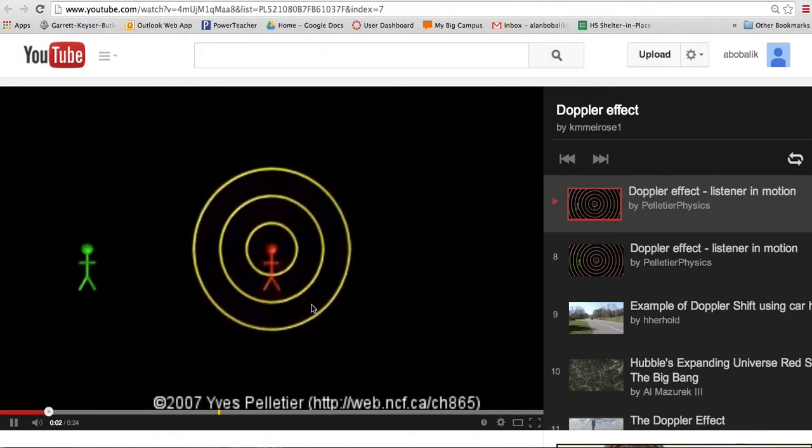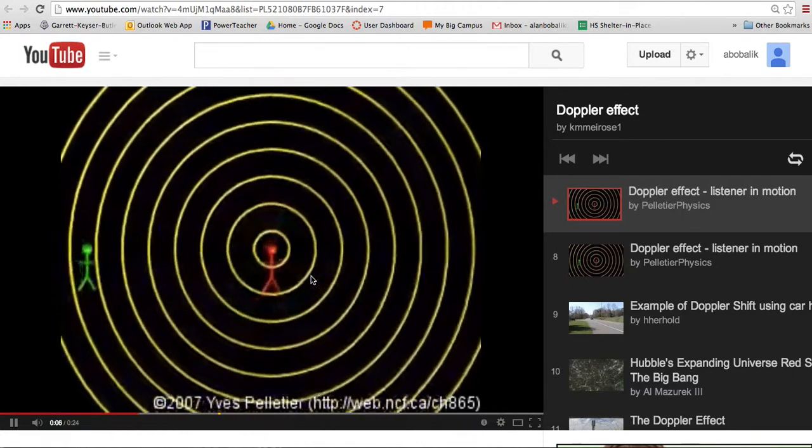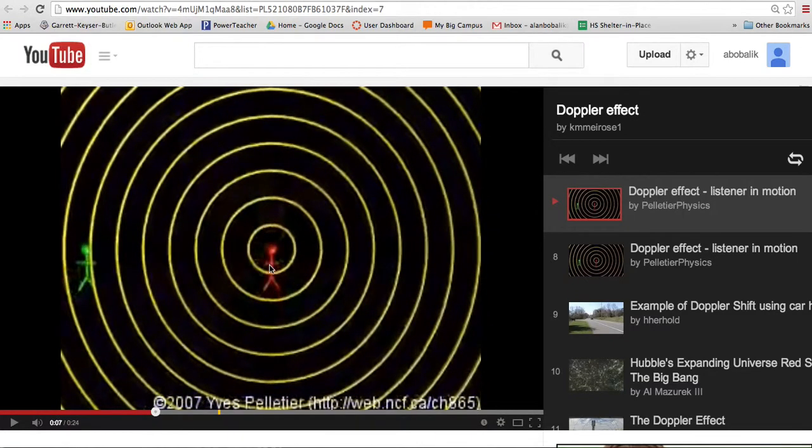So when they start making sound, that frequency is going to be constant. There's the same amount of space between each one of these waves. The person who hears the sound is getting hit by these sound waves at exactly the same interval. There's the same amount of time between this sound wave, this sound wave, and this sound wave. That is when you hear a constant sound.